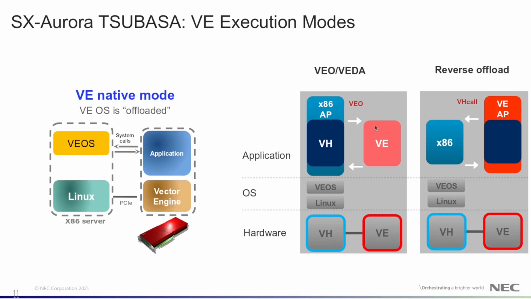It's a similar usage mode like OpenCL or CUDA. And in reverse offload mode, we actually run the vector engine application, the main program of it, on the vector engine, but can offload kernels to the host.